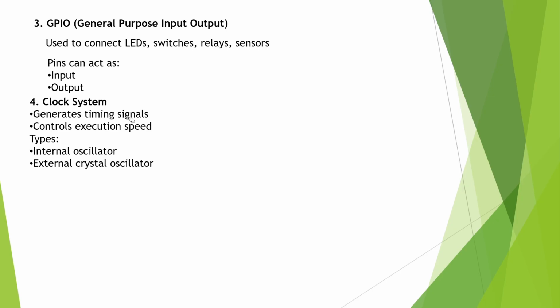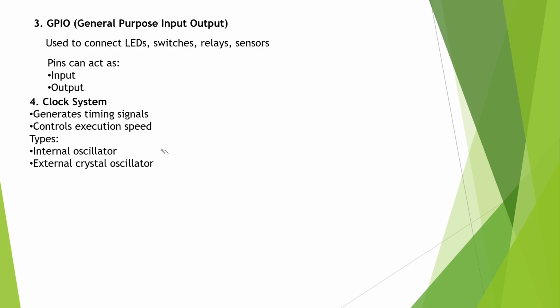It generates timing signals and controls the execution speed. There are two types of oscillators inside microcontrollers, internal and external. The purpose of these oscillators is to generate the clock signals.